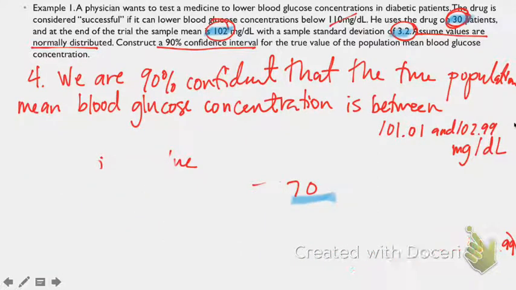Okay, then the next question, the follow-up: is this successful? How do I know when it's successful? If it's below 110. The drug is considered successful if it can lower blood glucose concentration below 110.